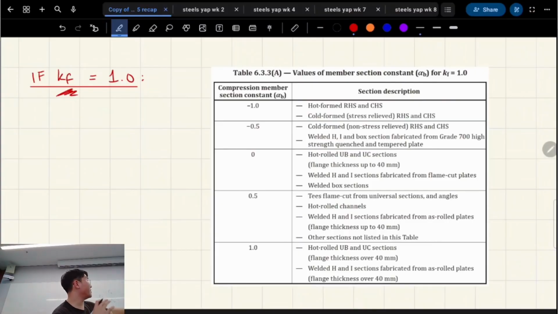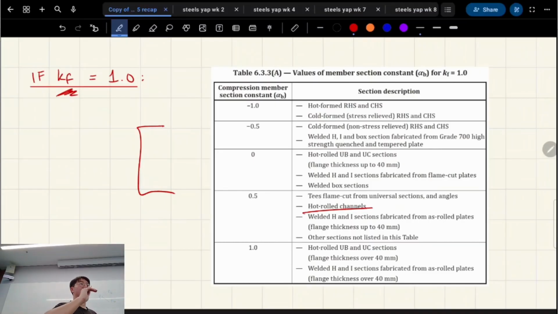What value of alpha B do you think we're going to take? Yes, it's 0.5. So if it was an I-beam, it would be a hot rolled UB, so it'd be 0. Since we're dealing with a hot rolled channel, it's going to be 0.5.